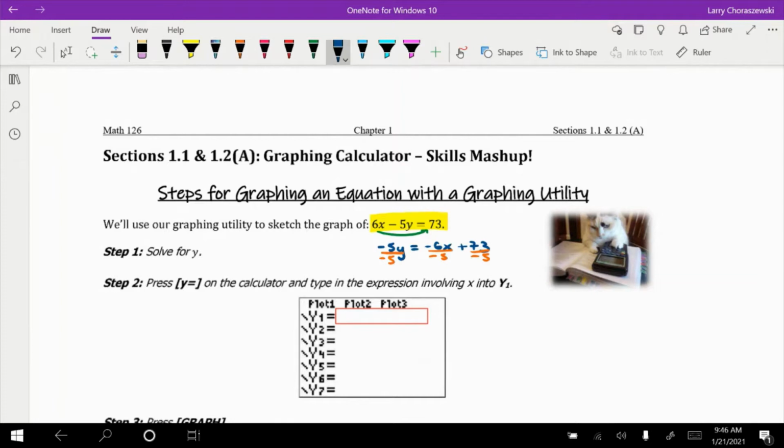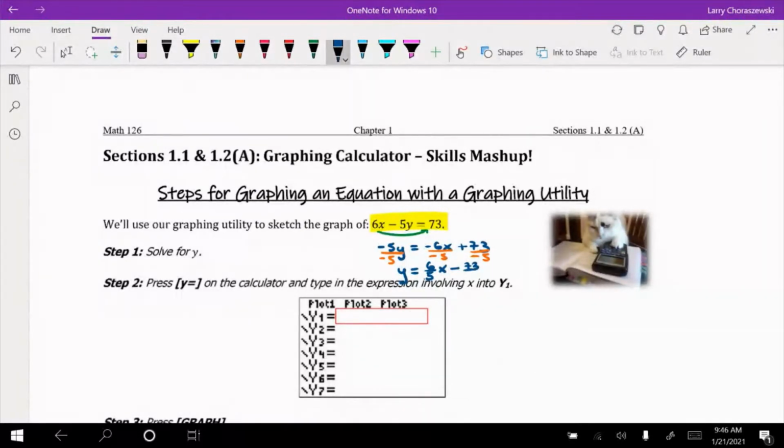And let me see if I can squeeze this in here. So y would be isolated with the first term on the right-hand side, negative 6 over negative 5. The negatives cancel, and I'm going to write that as 6 over 5 in front of x. And then positive 73 divided by negative 5 is really going to turn that addition to subtraction.